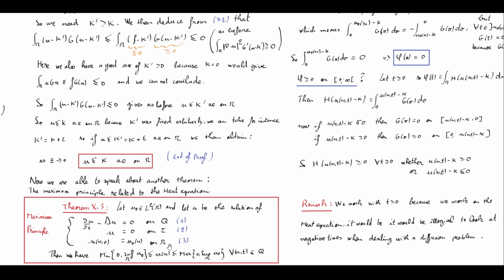Q is equal to Omega times (0, plus infinity), and Sigma is equal to Gamma times (0, plus infinity).